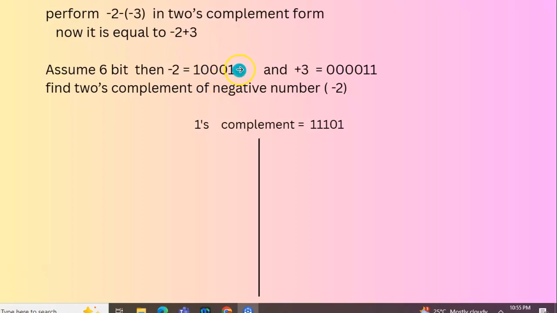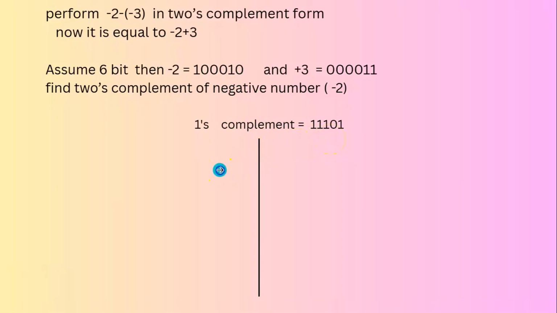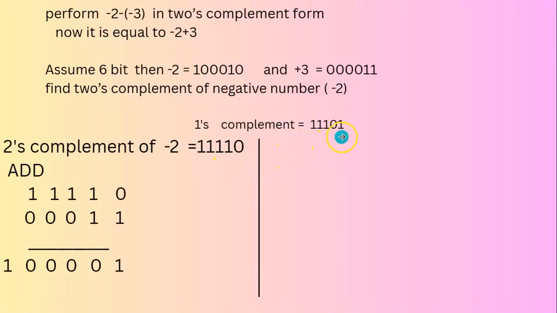You take the magnitude of this number, then find the 1's complement, that is 11101. For finding the 2's complement, we add 1 to this number, and you will get 11110. So that is how we got it, by adding 1 to this 1's complement.